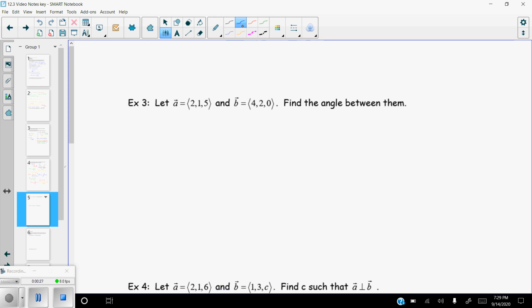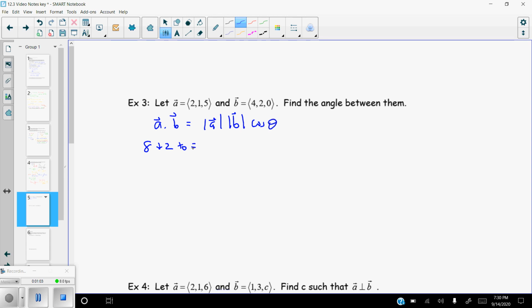Well, we have a formula for that, which is A dot B equals magnitude A, magnitude B, cosine of the angle in between. So I'm going to find the dot product, find the magnitudes of A and B, and then we'll solve for theta. The dot product is 2 times 4 is 8, 1 times 2 is 2, and 5 times 0 is 0.